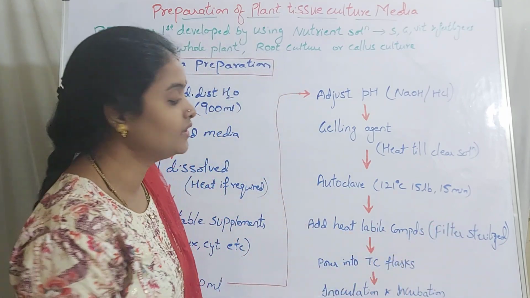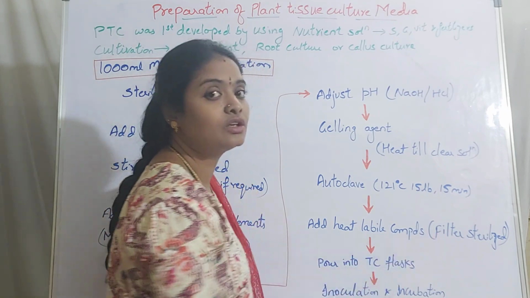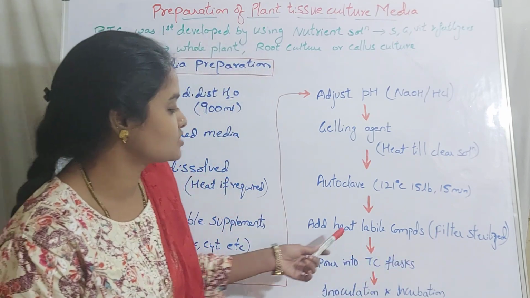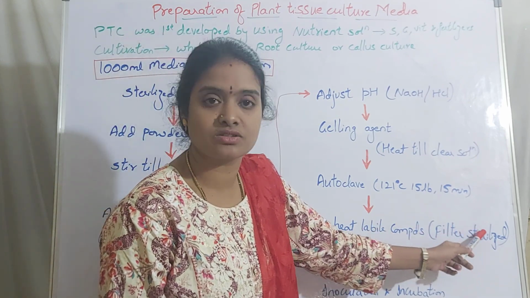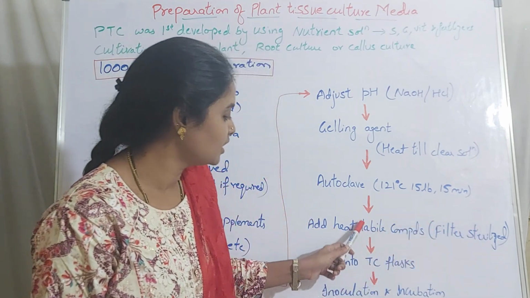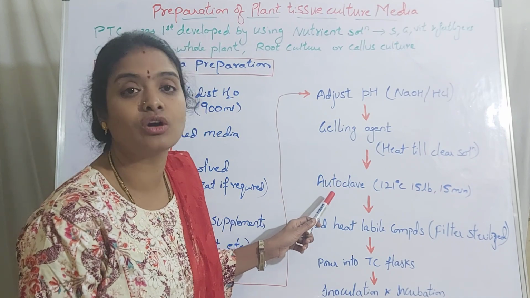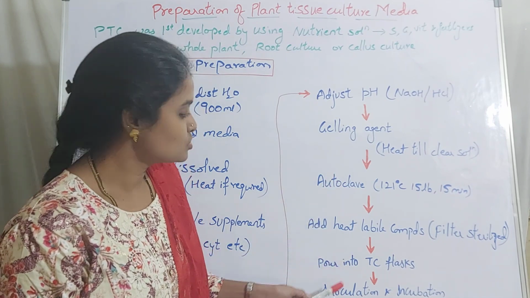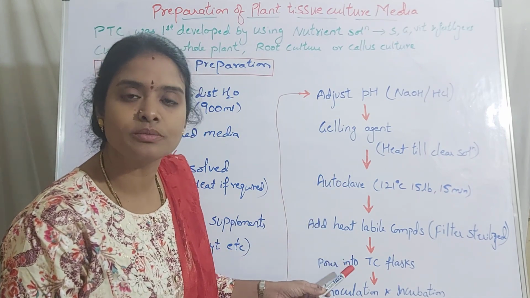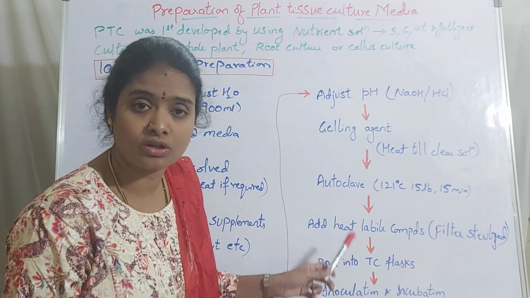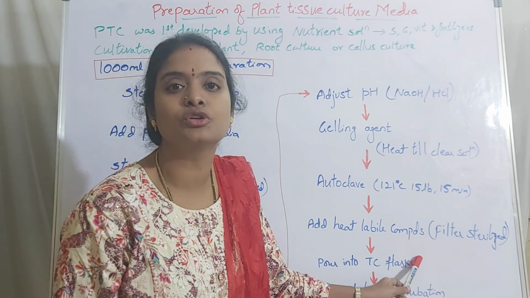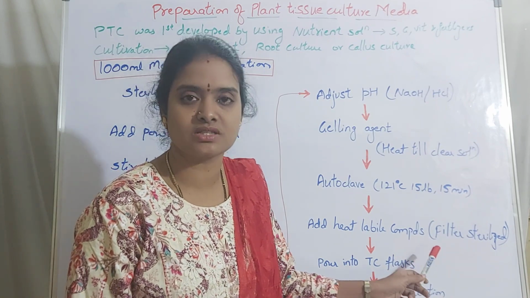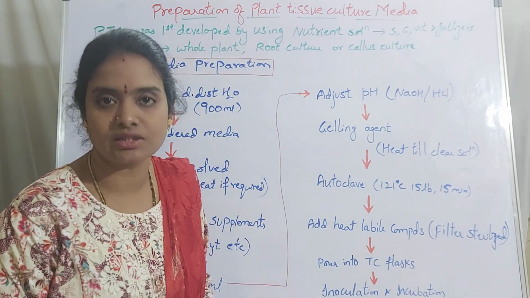Filter sterilization is done to avoid denaturation of heat labile compounds. After filter sterilization, you collect the filtrate and add it to the autoclaved media. After adding that, you mix it well, and before solidifying, you pour it into tissue culture flasks or tubes or petri plates, whatever you want to culture in.